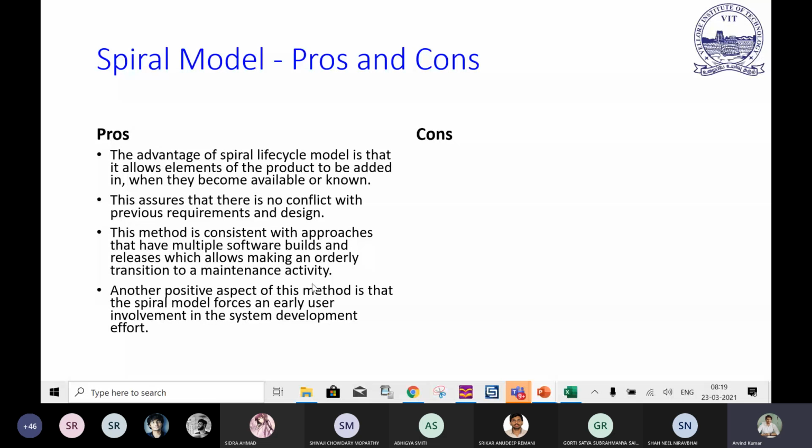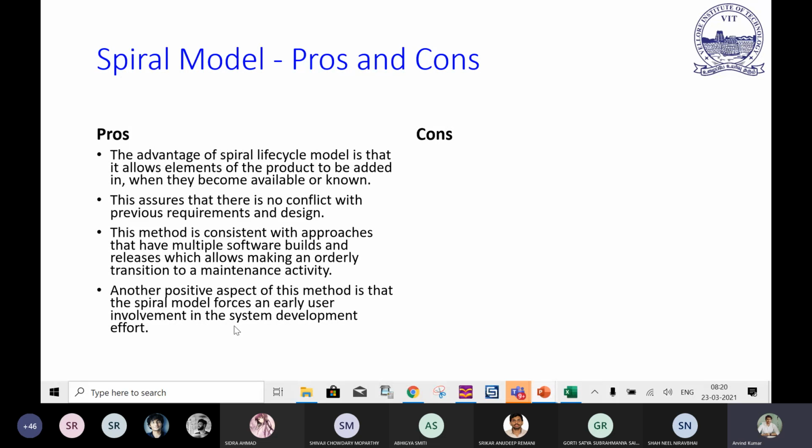Previously, if you see the waterfall model or iterative model, the client environment will not come into the picture in between, but here they can get involved and ask for some modifications or request their needs again in between.